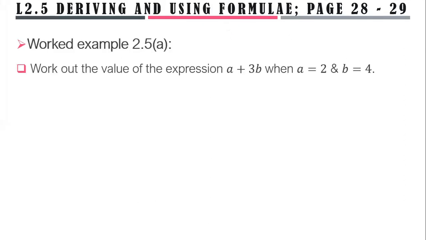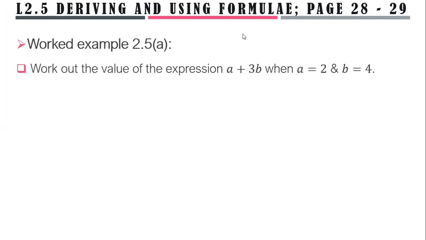Now the first example, here I will ask you to get the value. The first part is the translation part. They did it for you. They are telling you, now work out the value of the expression A plus 3B. But they didn't finish the sentence here. They continue. What did they say after this?